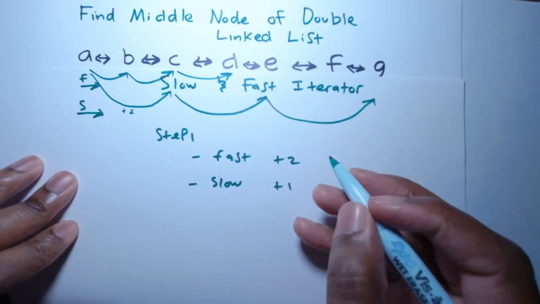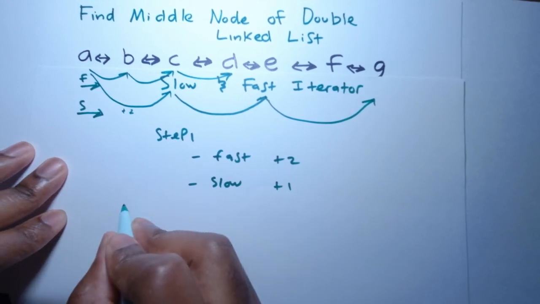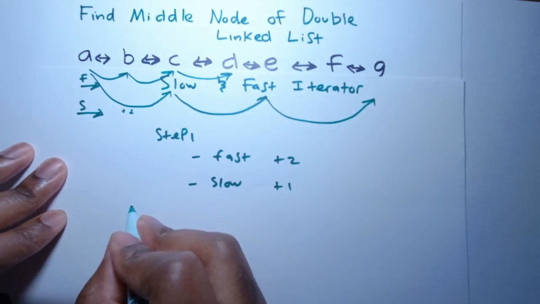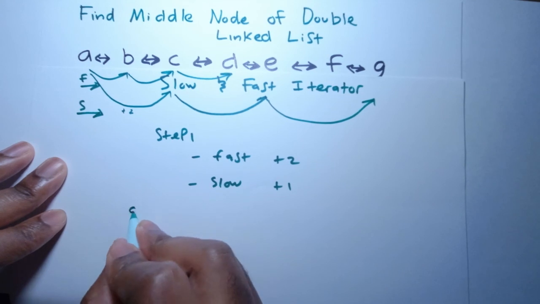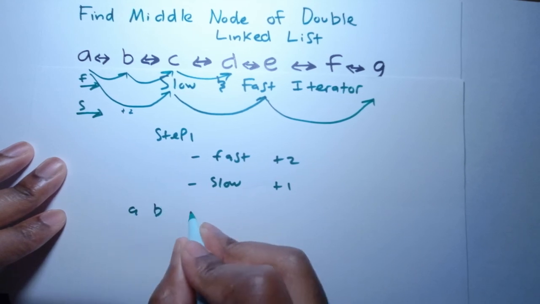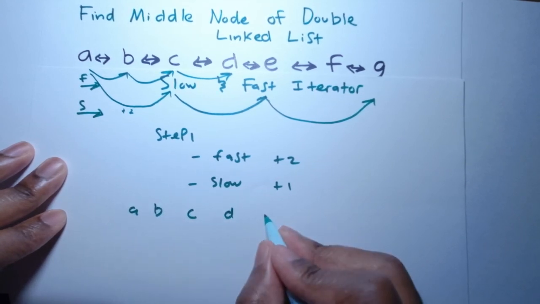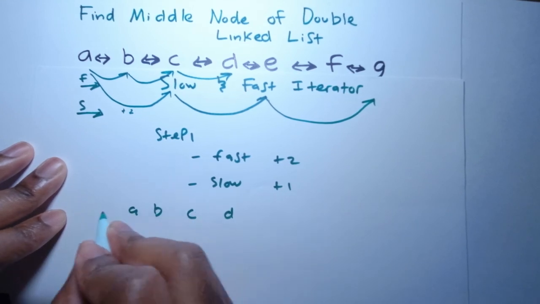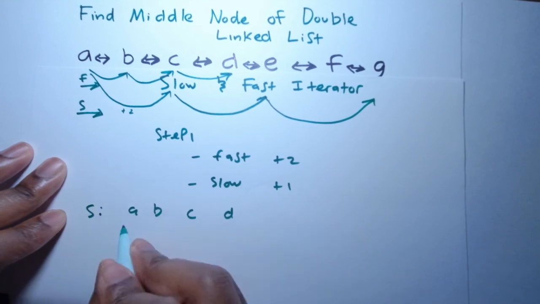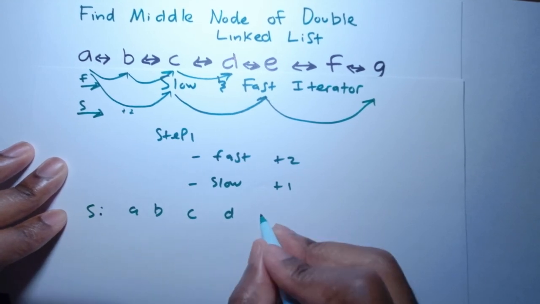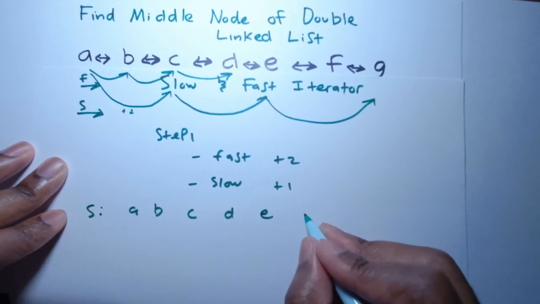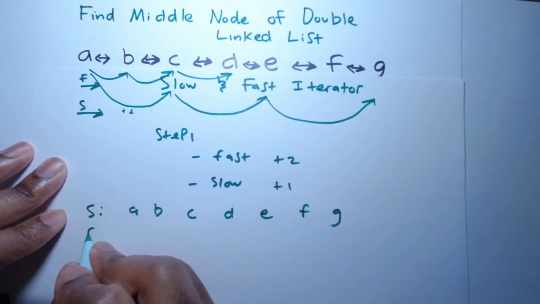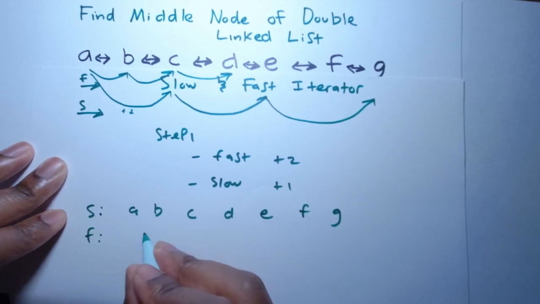For example, in this example, and I'm going to write down the steps here, if we're looking at the fast iterator, we'll go from A to B to C, D. Actually, this is not the fast. This is actually the slow. So let's say this is a slow iterator. We go from A, B, C, D, and we will go to F and then G. Now the fast iterator, again, we're skipping 2 items every single time.